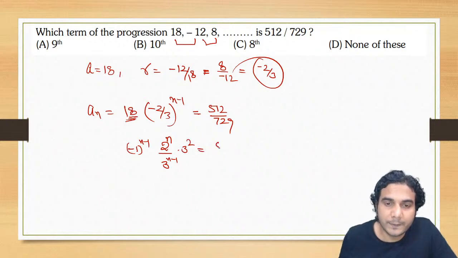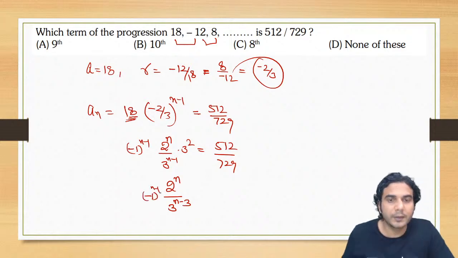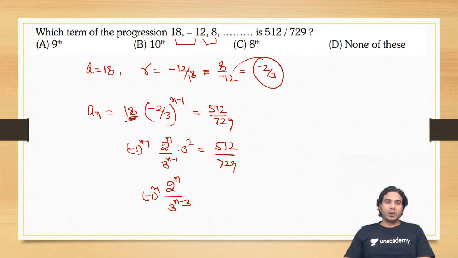So I'll write it again. 512 upon 729. Now you can write it as 2 raised to n in the numerator upon 3 raised to n minus 3, and minus 1 raised to n minus 1.